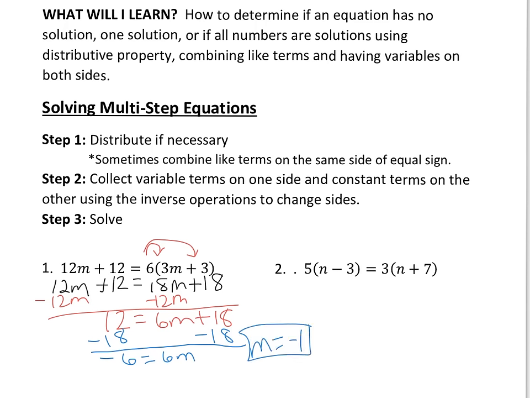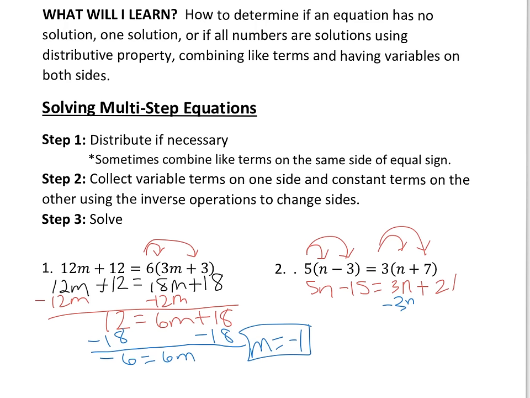For example number 2, I'm going to distribute the 5 times the n, the 5 times the negative 3, then 3 times n, 3 times 7. So I have 5n minus 15 equals 3n plus 21. Now I'm going to collect my variable terms onto one side and my constants on another.